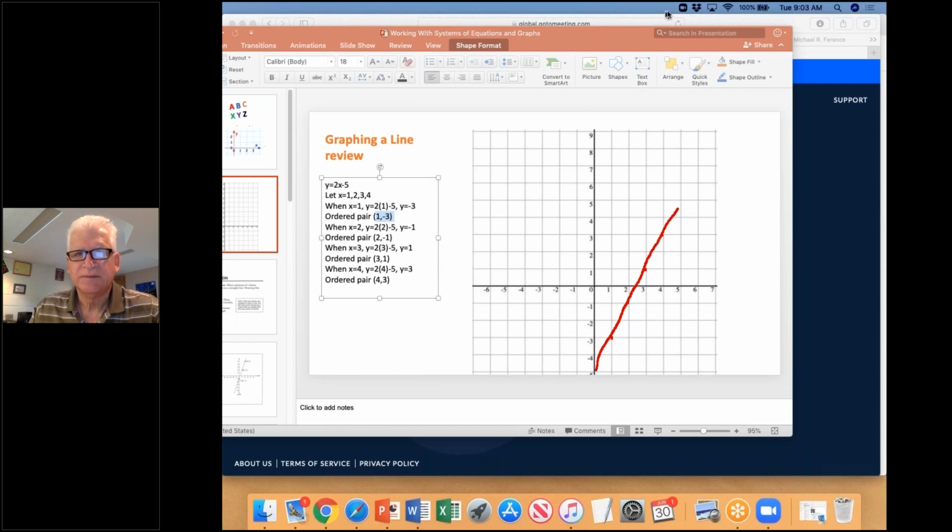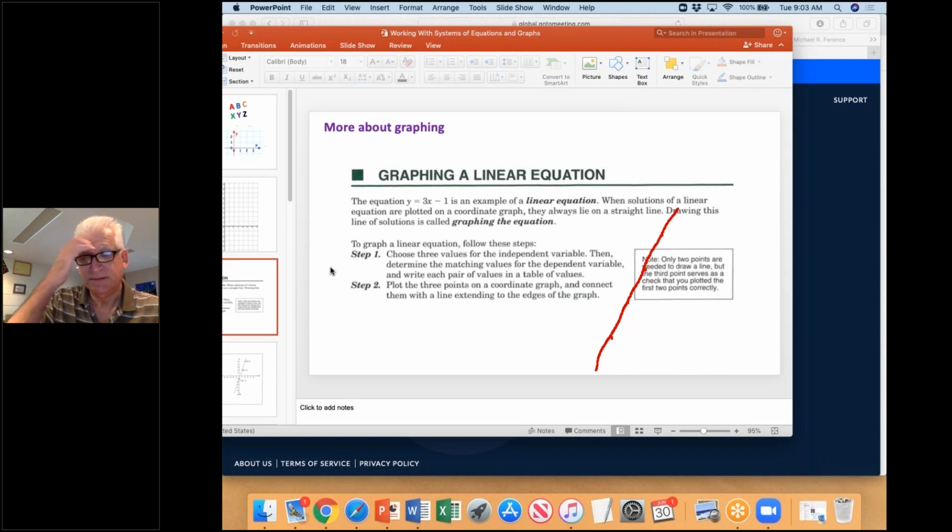So moving on, let's go to the next part of the lesson here, and we're talking about just the basics of graphing a linear equation. Let's get rid of that.